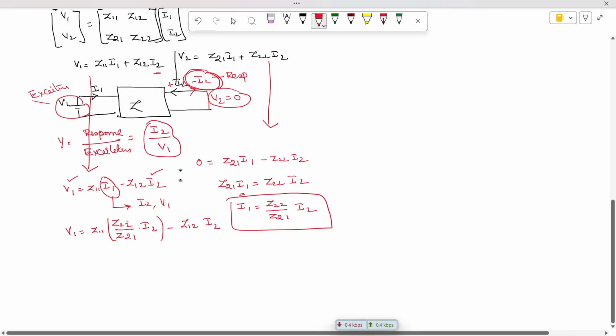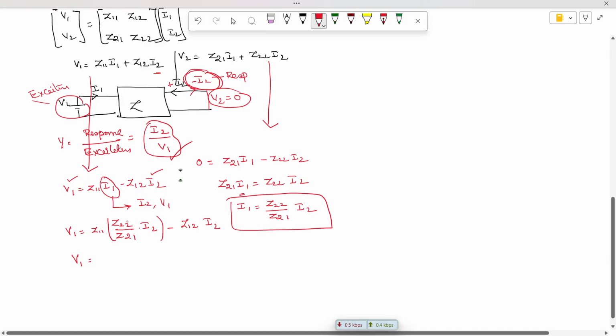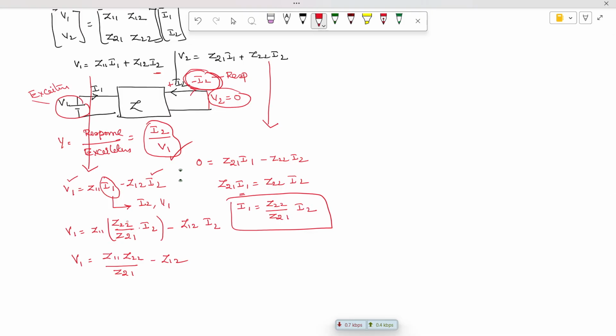Here we should have only I2 and V1, so let us take I2 as common. Therefore, the resultant is Z11 Z22 divided by Z21 minus Z12.